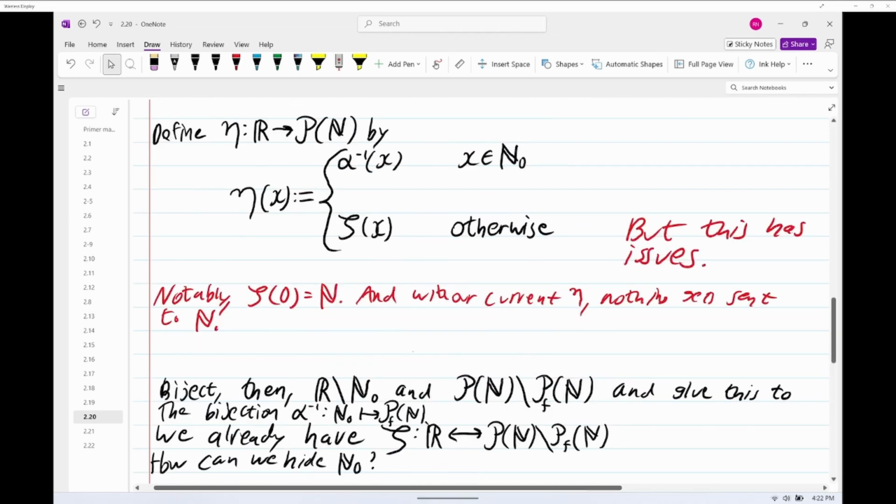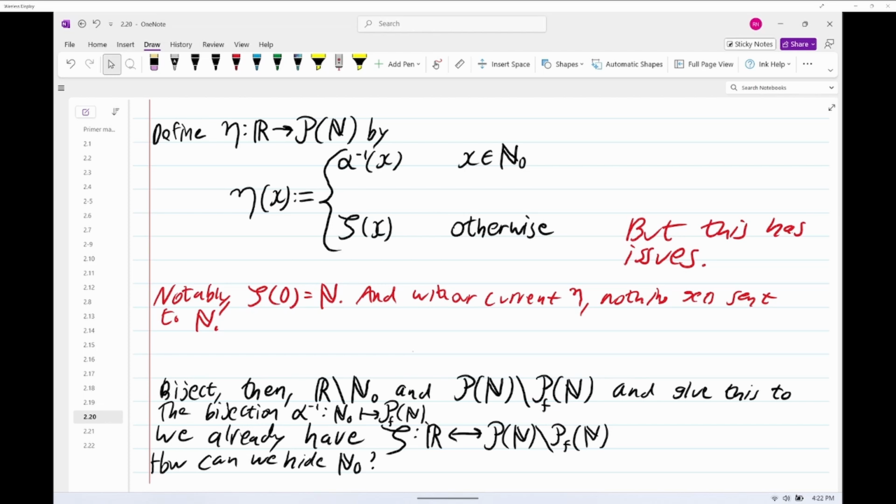This is me just saying that sort of naively. Gluing alpha inverse and zeta together isn't going to work. Because if we just say we do zeta on not natural numbers, then nothing notably gets sent to the set containing all natural numbers. So we have to fix it.